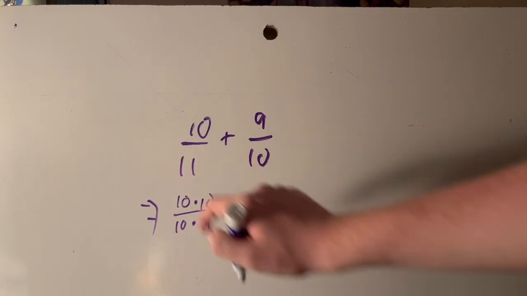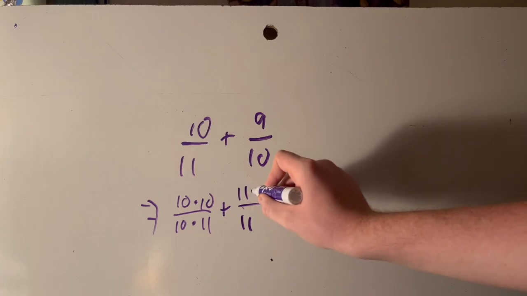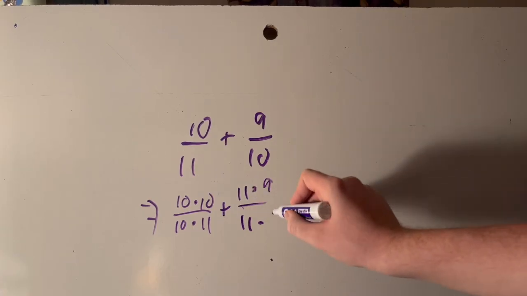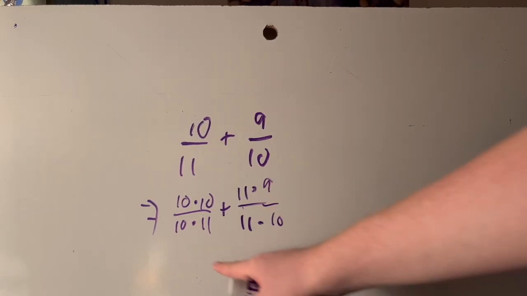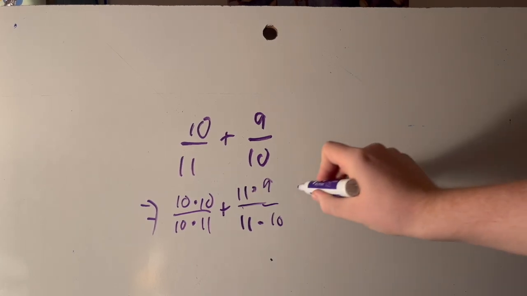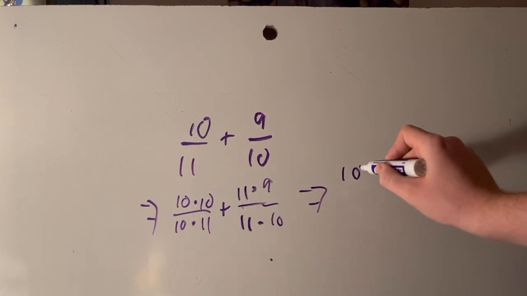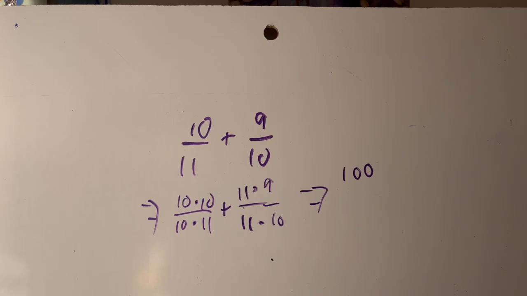Now the denominator here is 11, so we can multiply 11 on both the numerator and denominator and put this here. So it will be 11 times 9 divided by 11 times 10. And now 10 times 11 is equal to 11 times 10. So, because they have the same denominator, we can add them together. So 10 times 10 is 100, so it's going to be 100 plus 11 times 9.